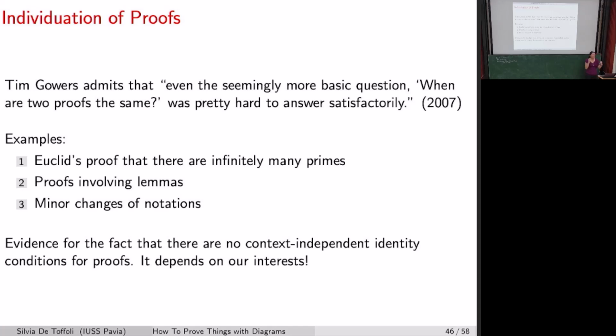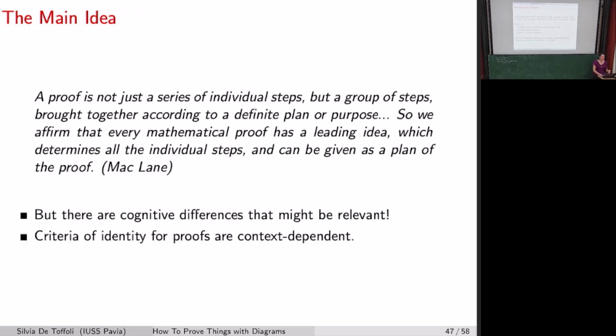But it depends: are you interested in the main idea, or the logical structure, or the historical accuracy? So there is evidence that there are no context-independent identity conditions for proofs. It's going to depend on what we're going to do with these things. So Mac Lane said, and many others thought, that maybe we should identify proofs following the main idea.